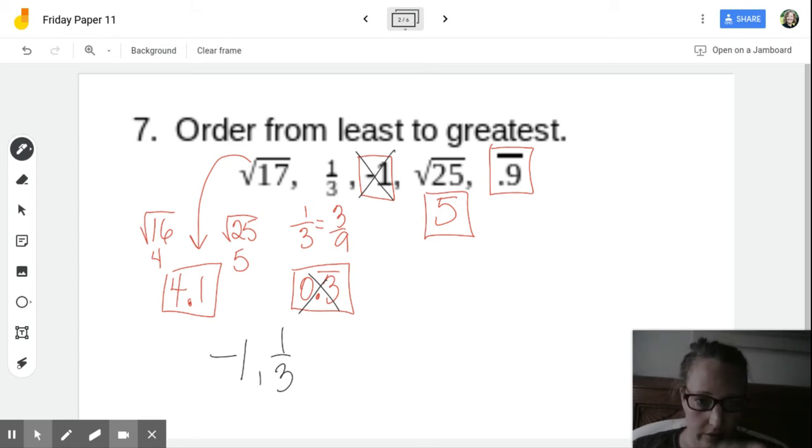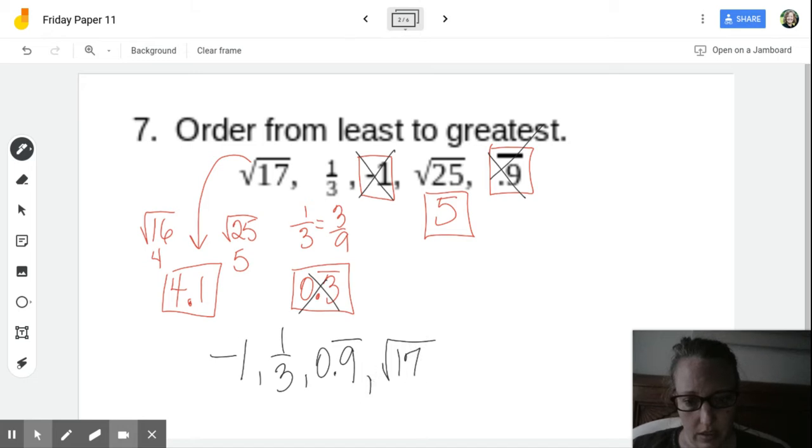Then we have 0.9 repeating, cross it out. And then we have 4.1, which is the square root of 17, cross it out. And then we're left with the square root of 25.